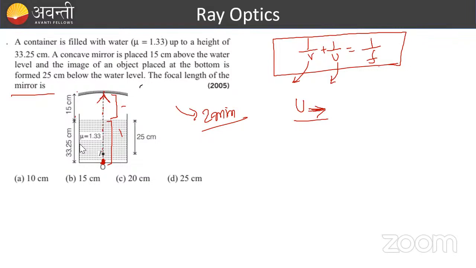Object distance will be what? Some length is getting traveled in water, and refraction is happening at this point, right? This is the interface of water and air.